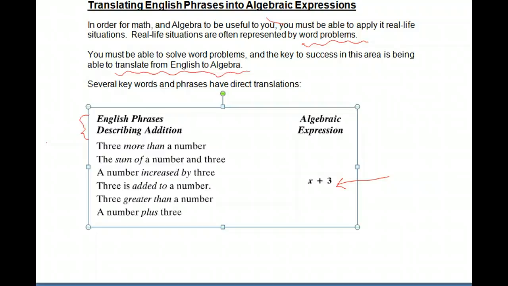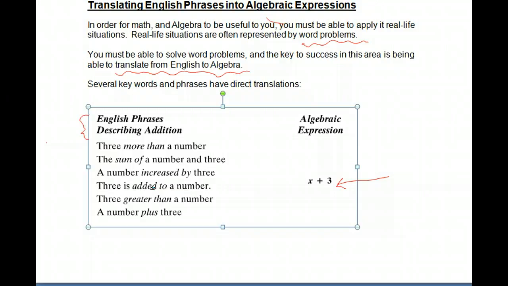Since we do not know what the number is, we simply use x to represent that missing number, and all of the phrases that are listed in italics represent addition. Each time we are adding 3 to our missing number.